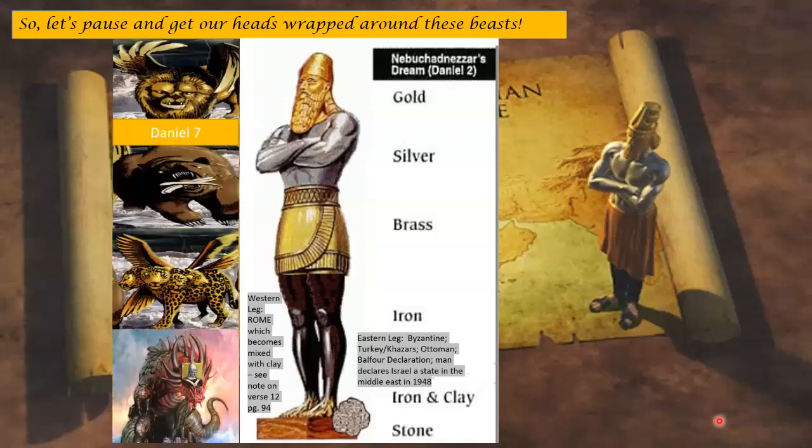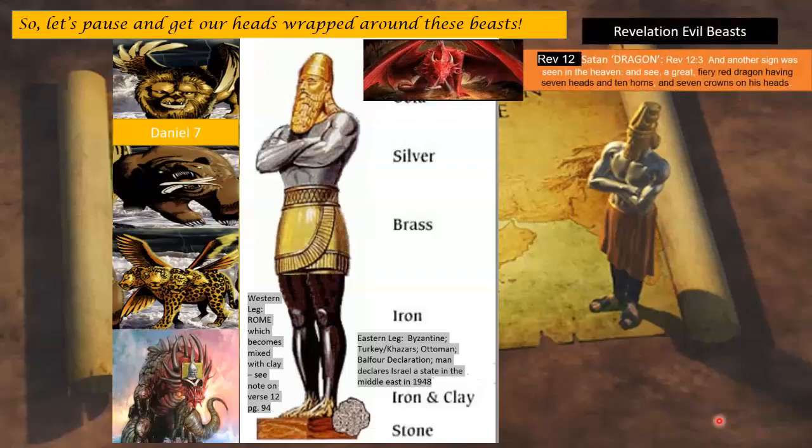Okay, so we have the four beasts of Daniel 7, and we have the little horn. Now, I want us also to look at the beast of Revelation, evil beast. I included Satan the dragon in this list.